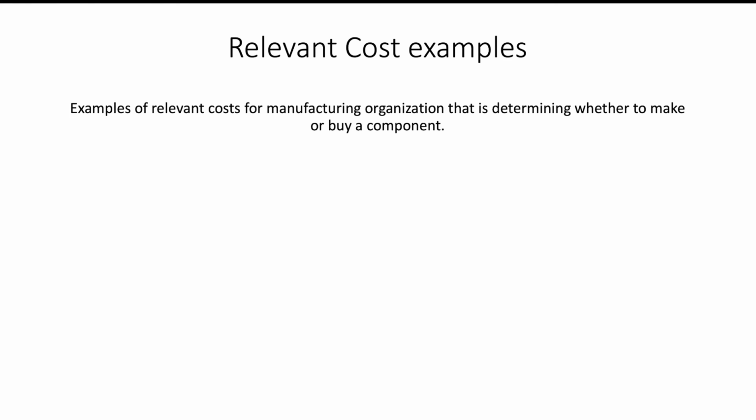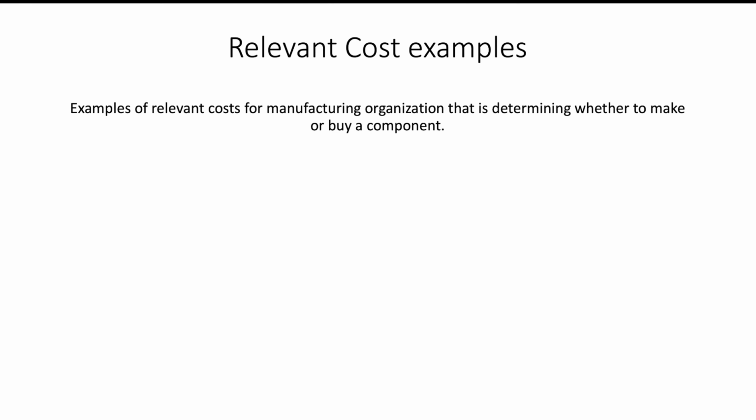Now come to the relevant cost examples. This is a very important slide, so just keep in mind and be focused on these slides. Relevant cost example: examples of relevant costs for a manufacturing organization that is determining whether to make or buy a component. Suppose we got an order, then we have to make a component.